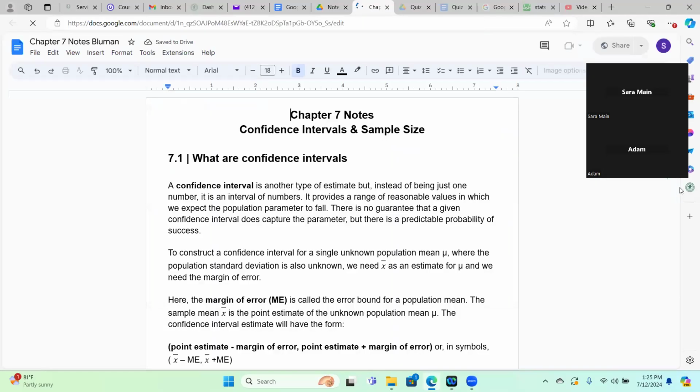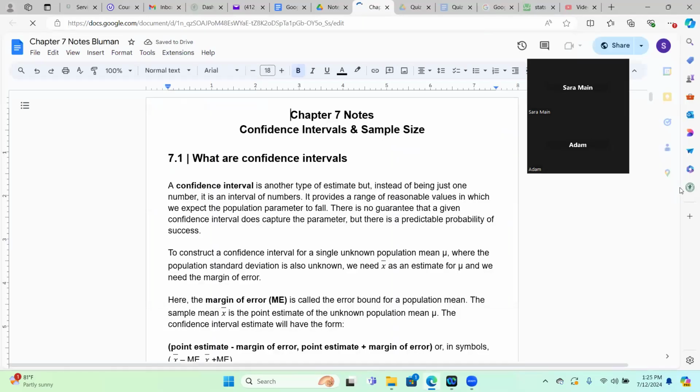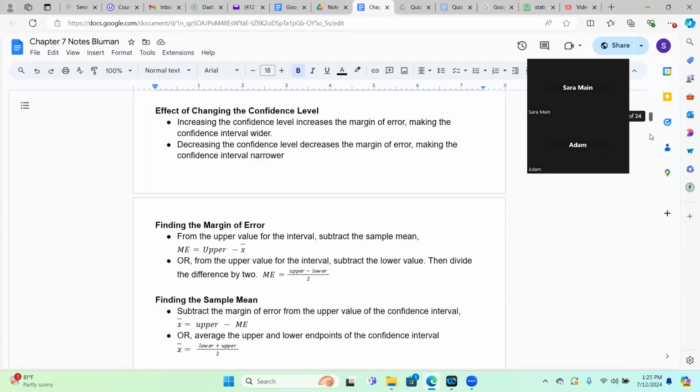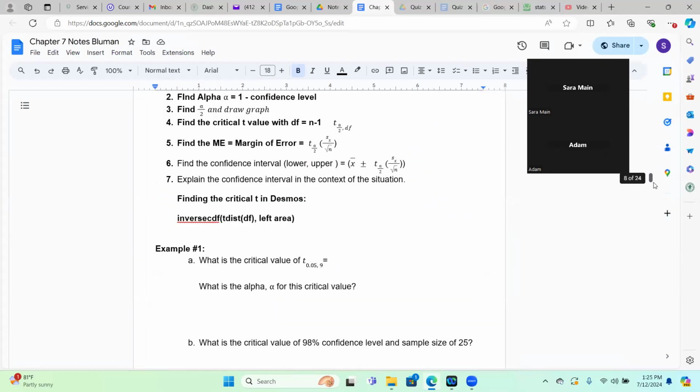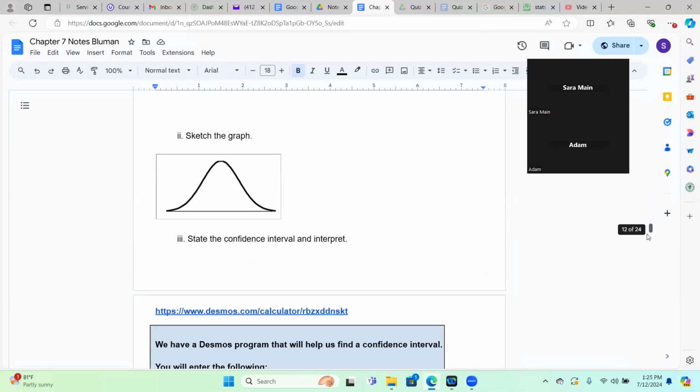This is chapter 7, and we're going to scroll down for proportions, all the way to 7.4.